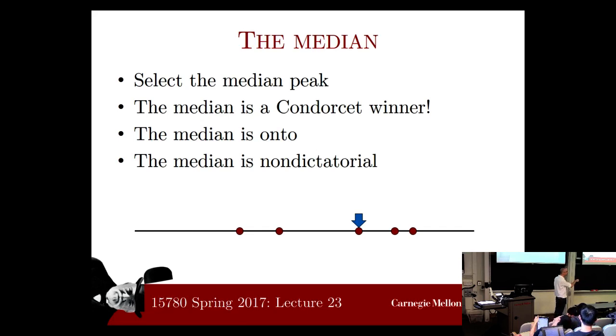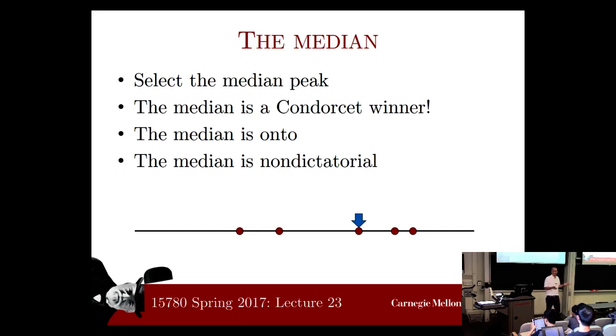It's closer to them. And if you look at some other point to the right, like this one or this one, then these 3 voters prefer the median to that point on the right. So in any direction you go, left or right, you have a majority of voters who prefer the median to the other point. So this is actually a Condorcet winner over this uncountably large set of alternatives.